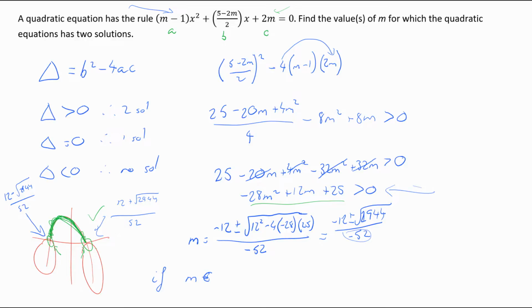So if m is somewhere between 12 minus the square root of 2,944 over 56, not 52, I was rewriting that, and 12 plus the square root of 2,944 over 56, then this quadratic would be greater than 0, which means that the original quadratic would have two solutions.